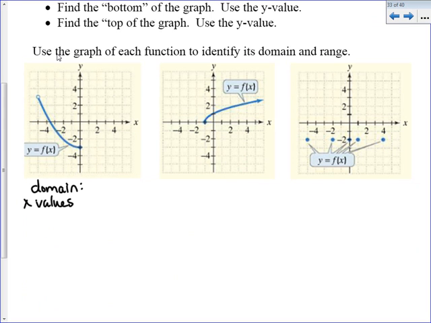I want to find the left of the graph, which is right here, and see what x value is that over. -5. So that first x value is at -5. Here's the question though, are we including that x value or no?